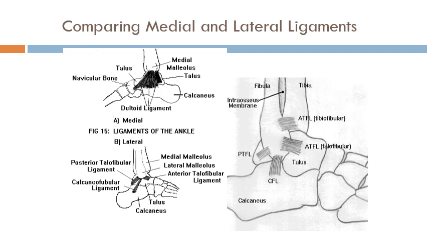Now, as I said, the deltoid ligament is actually made up of 4 different ligaments. You have the anterior tibio-talar, you have the tibio-navicular, you have the tibio-calcaneal, and you have the posterior tibio-talar. Those aren't pictured individually on there, but those are the names. So I'll run through those again.